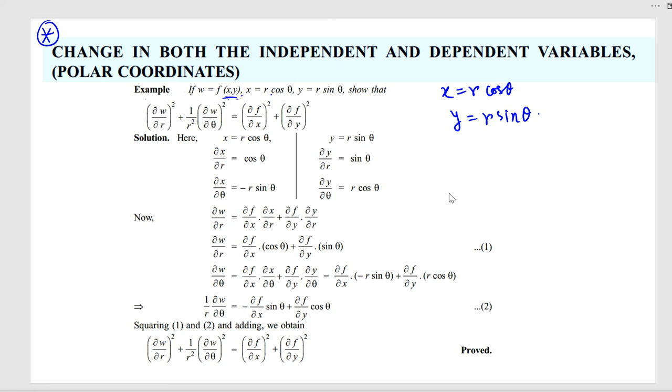Here you apply the chain rule and try to verify the result. In that case, you will see that this result holds. So I would say again, verify. There is nothing much to explain. This is just for chain rules.